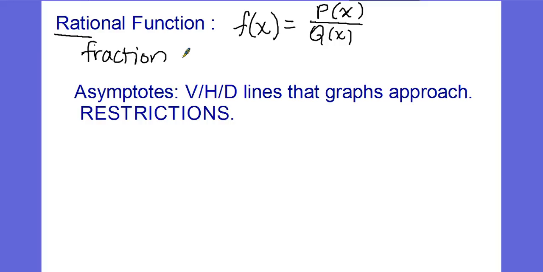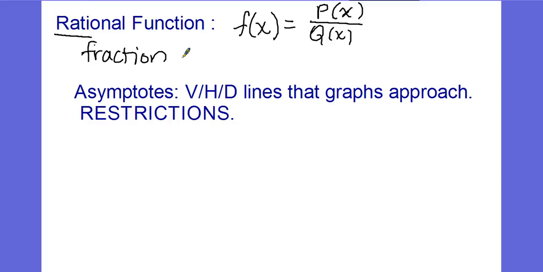So let's talk about what we call those areas that we're not allowed to graph. The asymptotes, with a P in it. You have vertical asymptotes, horizontal, and diagonal asymptotes. These are lines that the graph can approach, but they are restrictions, which means 99% of the time, you're not allowed to cross them.